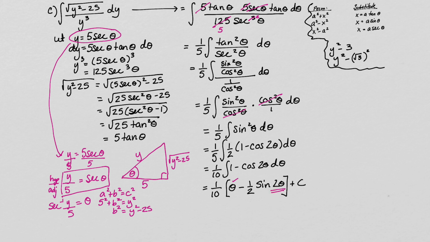So I actually have to use another identity to replace the sine of 2 theta and get it back in terms of theta. So we're going to have 1/10 times theta minus 1/2. We're actually going to use the double angle identity, which says that the sine of 2 theta is 2 sine theta.